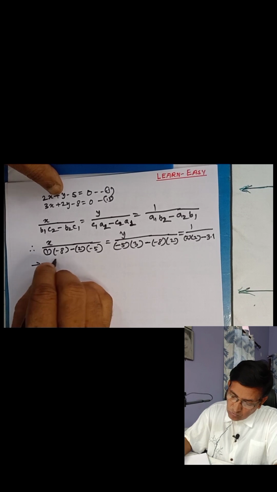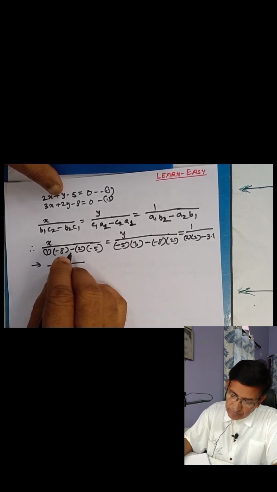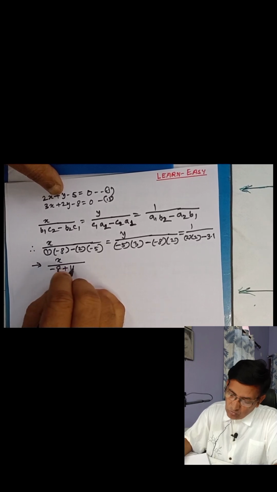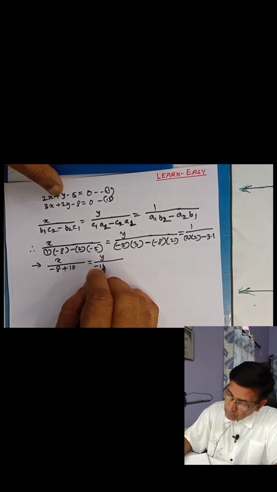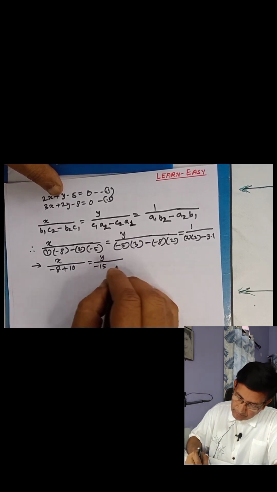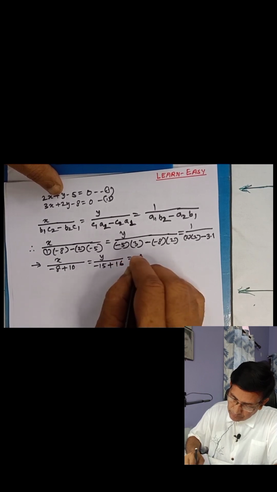Or x by minus 8 plus 10 is equal to y by minus 15 plus 16 is equal to 1 by 4 minus 3.